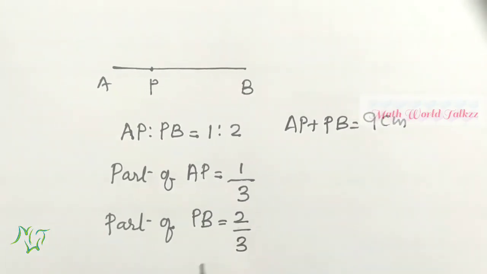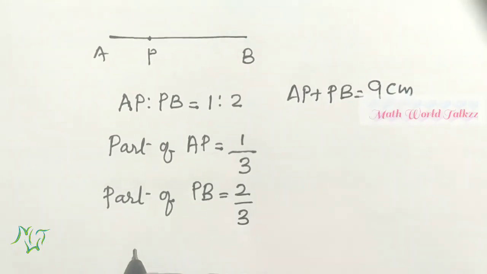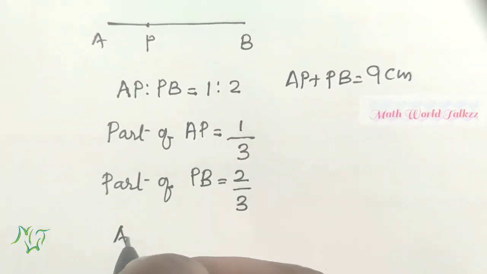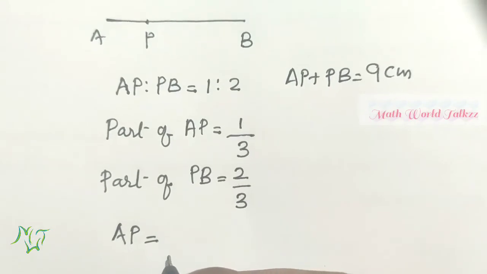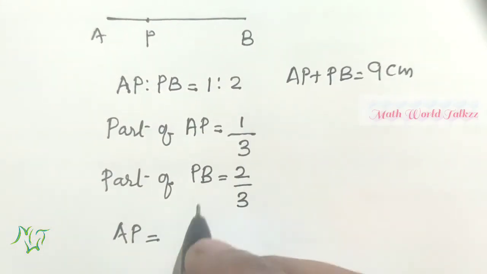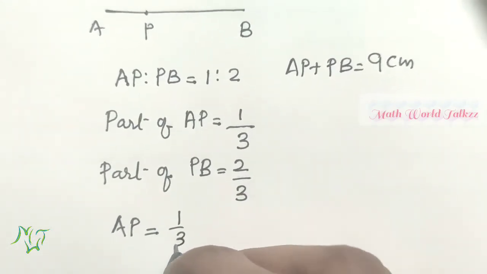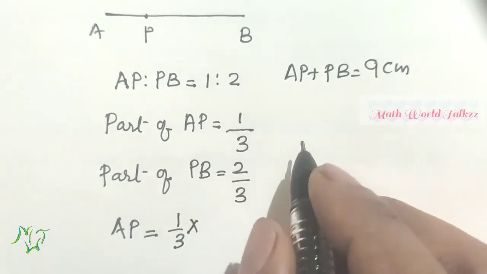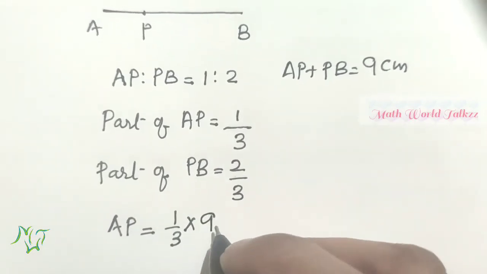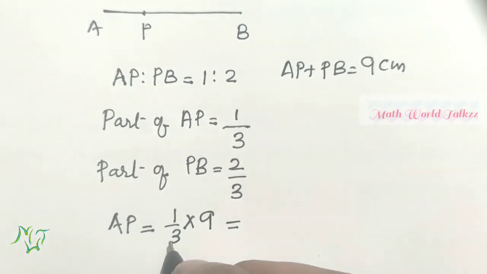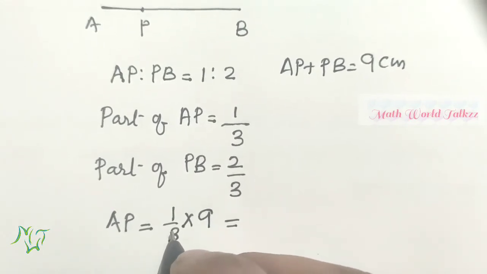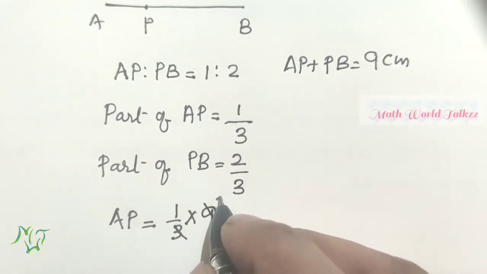Okay, now we can find out the actual length. That is AP is equal to, what do we want to do? We want to write the part, 1 by 3, into the total length, that is 9. So this is equal to, here we can cancel 3. 9 by 3 is 3.